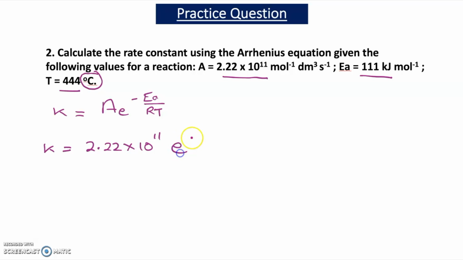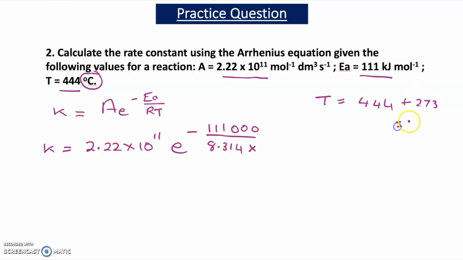So k is equal to 2.22 times 10 to the 11 times e to the minus 111,000, because 111 kilojoules, and we need to convert it to joules per mole, divided by 8.314, the gas constant, times the temperature. Now the temperature has to be put into Kelvin. Now 0 degrees C is 273, so 444 degrees C is 444 plus 273, which comes out to be 717 Kelvin. So I'm putting that into my equation.